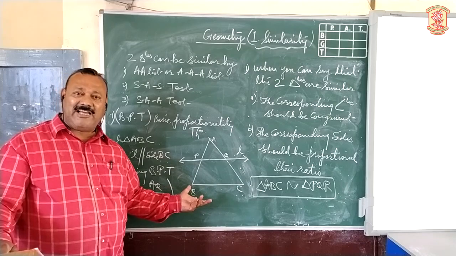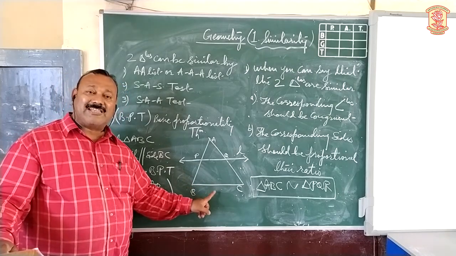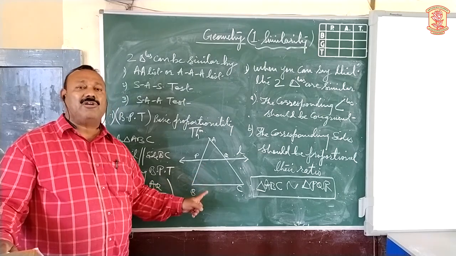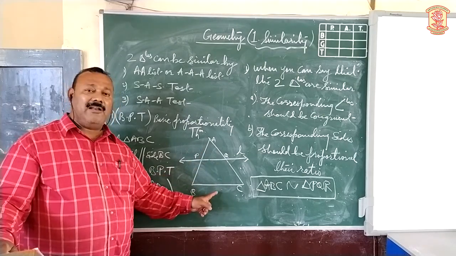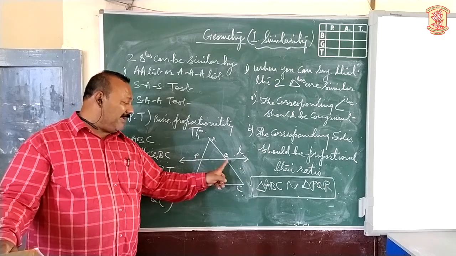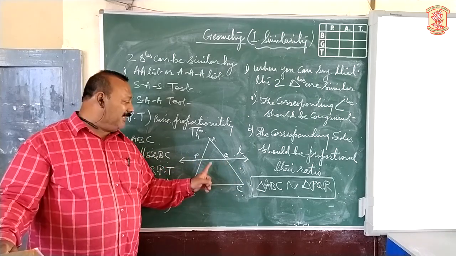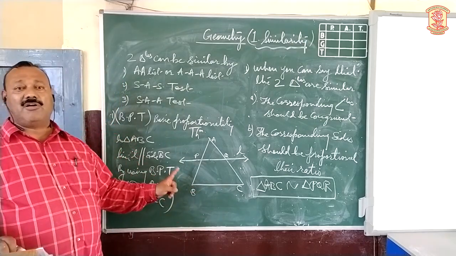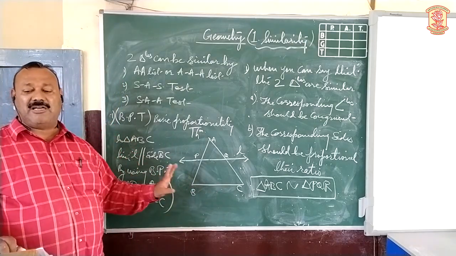Which is the third side here? Side BC. This is the third side. Therefore, the converse of BPT: in any triangle, if a line divides any two sides of a triangle in the same proportion, then that line is parallel to the third side. This is nothing but the converse of BPT, the basic proportionality theorem.